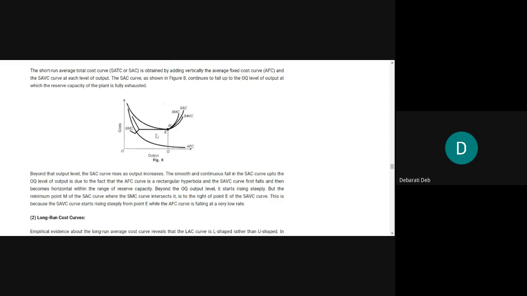While drawing, you will have to keep its minimum point, name it as M, and keep this point M towards the right of the point E. Where is point E? Point E will be at the SAVC and SMC curve. Okay, draw this, please. Draw this and write the note later on if possible.